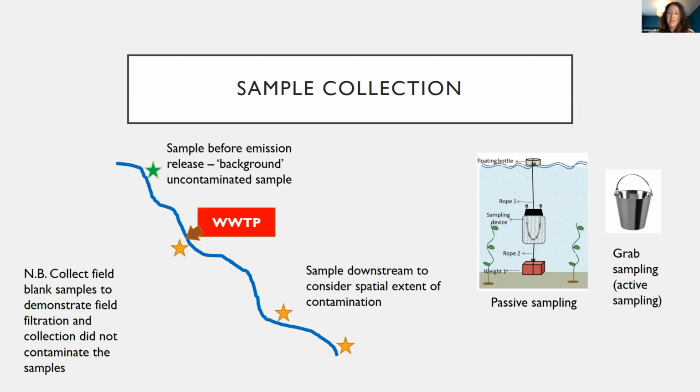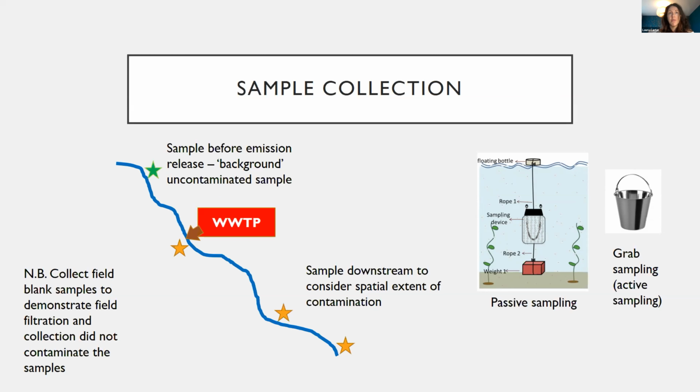An alternative is to do passive sampling, and this collects water directly in situ. You then get the accumulation of pollutants over time, and this is what I'm going to go into in more detail in the next couple of slides.